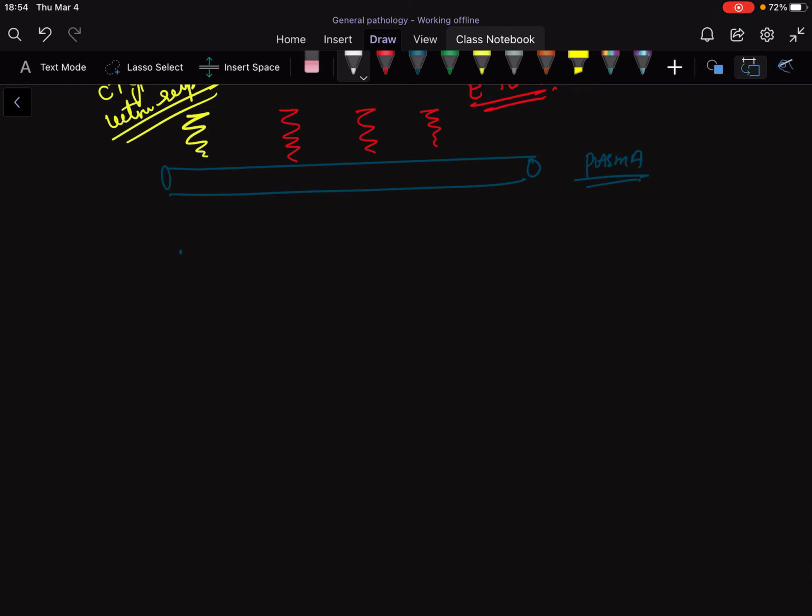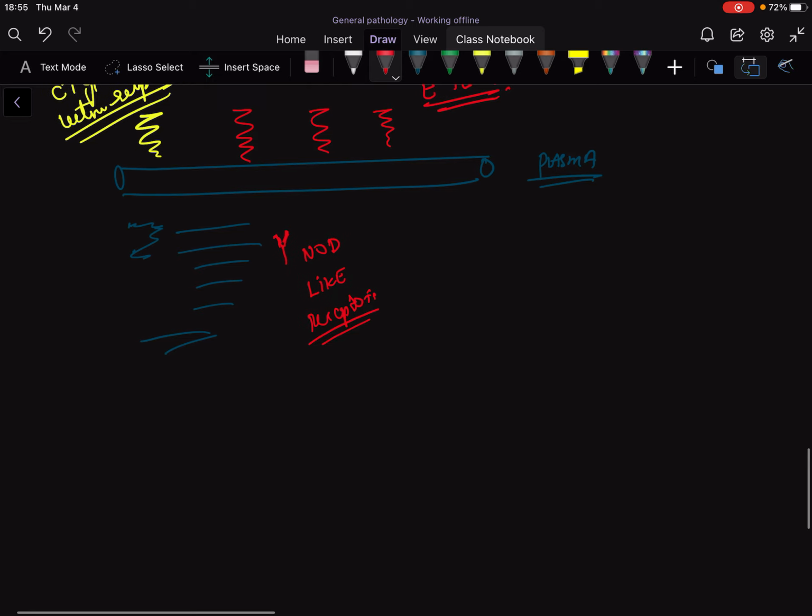So what is present inside the cell? In the cytoplasm, suppose this is the free floating cytoplasm, there are freely floating receptors. Those are NOD-like receptors.